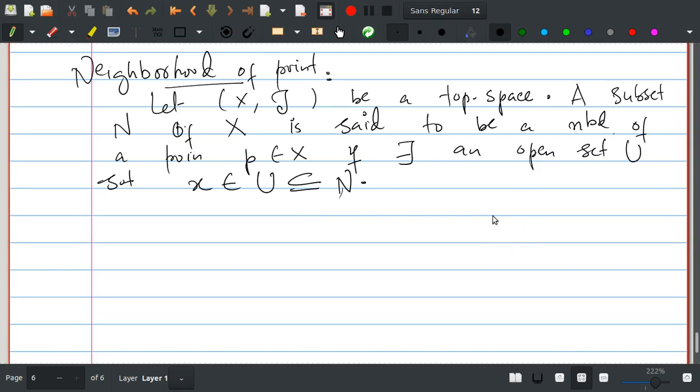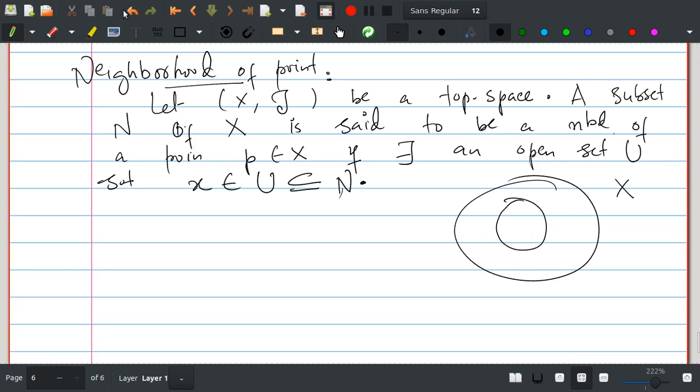So let us see what we mean by this. We are given a set X and we have a point, say this little p. So a subset N of X is said to be a neighborhood of this little p.